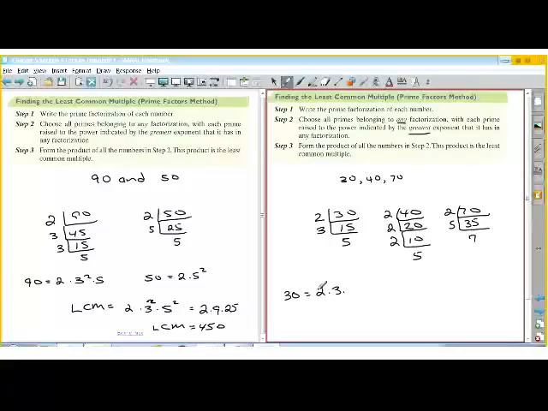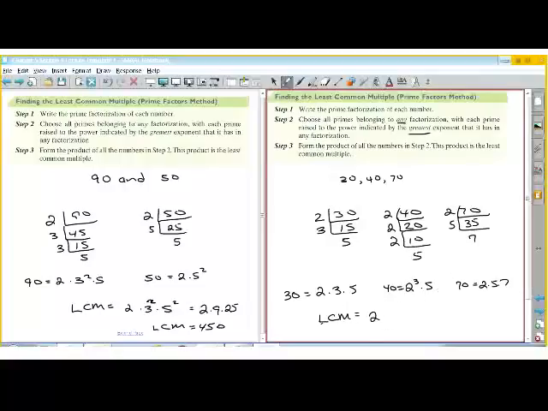So the prime factorizations of these 3 numbers: 30 is 2 times 3 times 5. 40 is equal to 2 cubed times 5. And 70 is equal to 2 times 5 times 7. So those are the prime factorizations. And so for the least common multiple, we look at what numbers are in these factorizations.